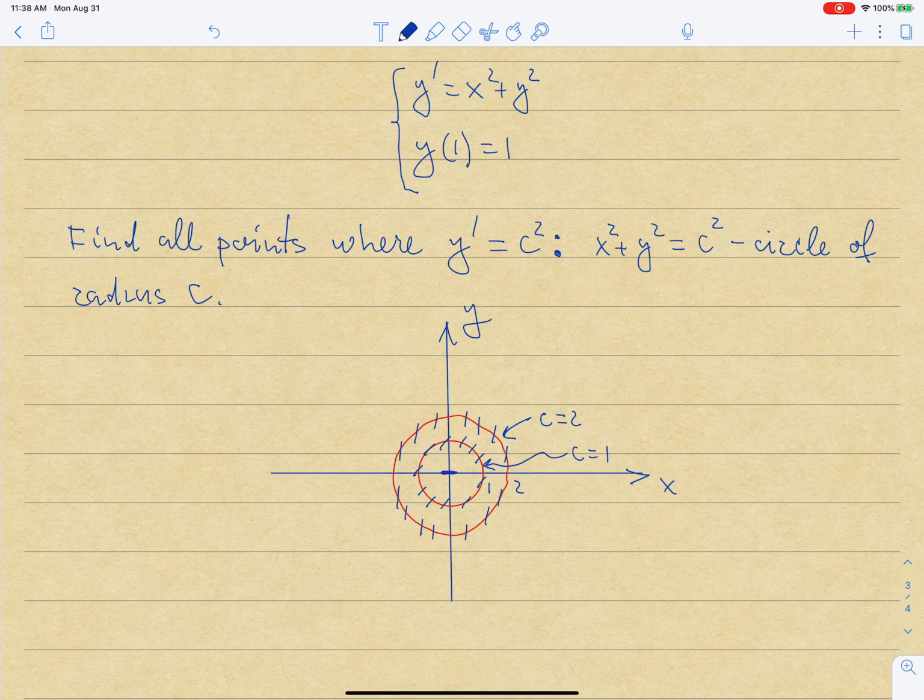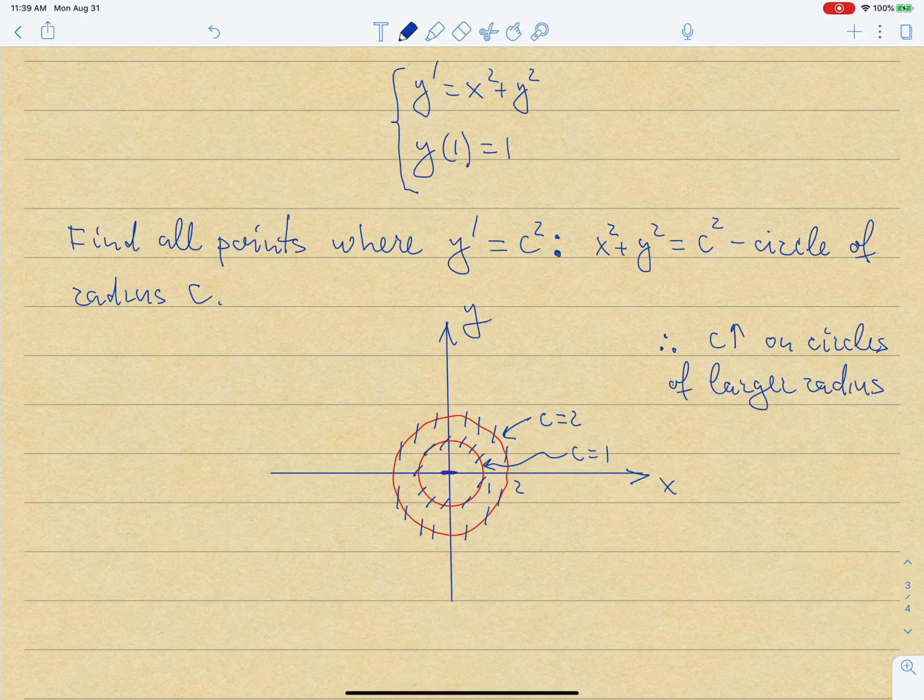So the conclusion is that c is bigger on circles of larger radius. The slope of tangent lines is going to be bigger on circles of a larger radius.